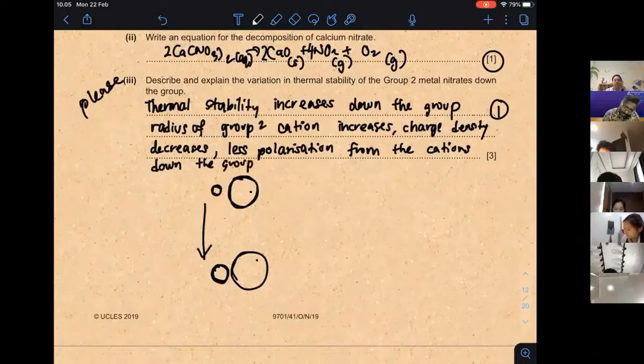If you have less polarization, this NO3 is not going to be distorted. So the NO3 minus is less distorted.